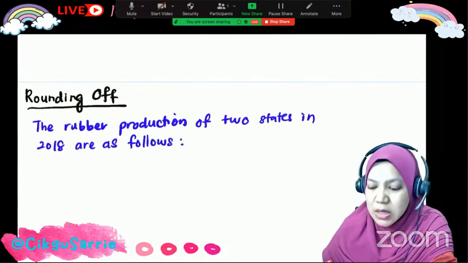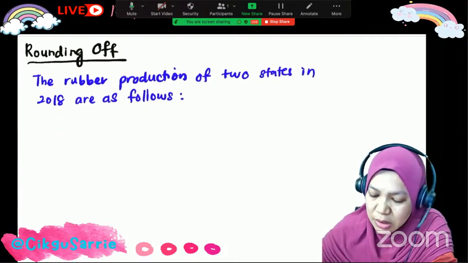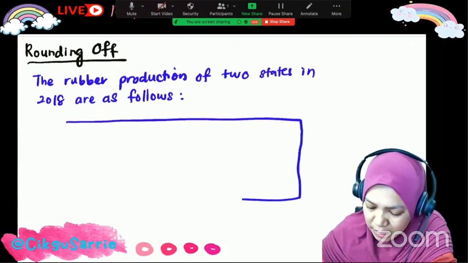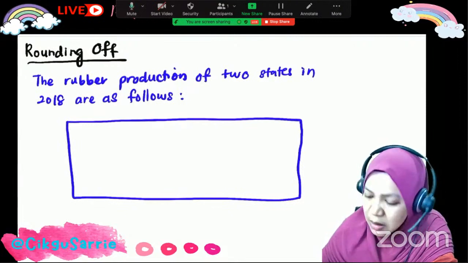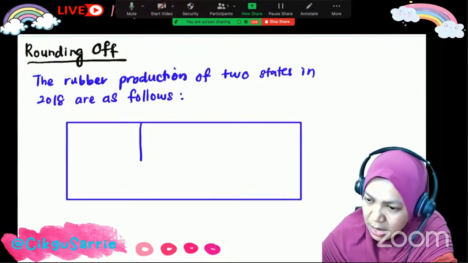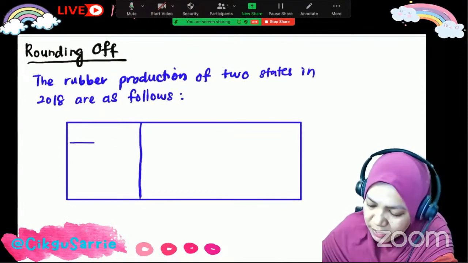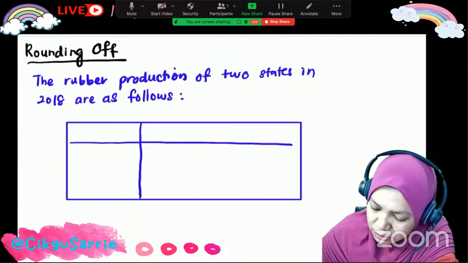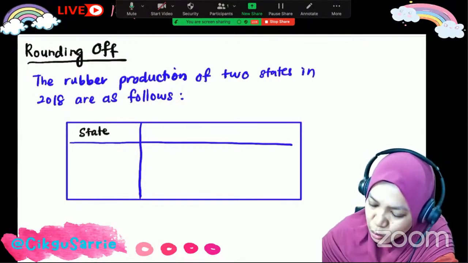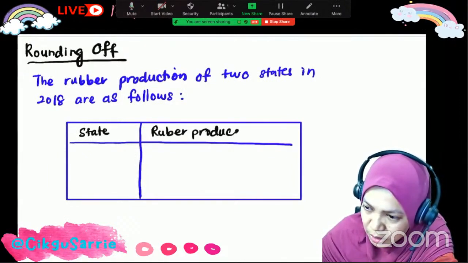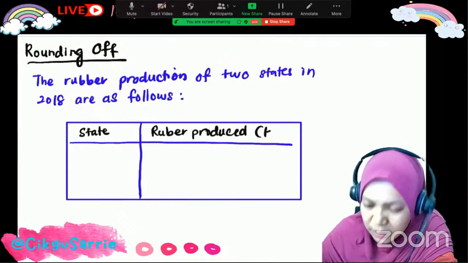Okay, so we draw the table there. We have the state, and that one is about the rubber production. This one is state, this one is rubber produced, in kg.